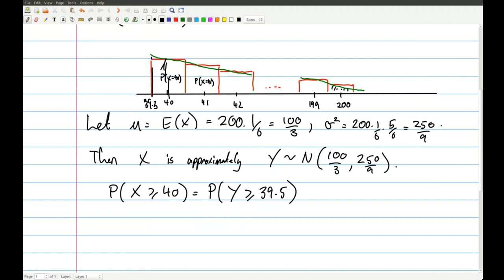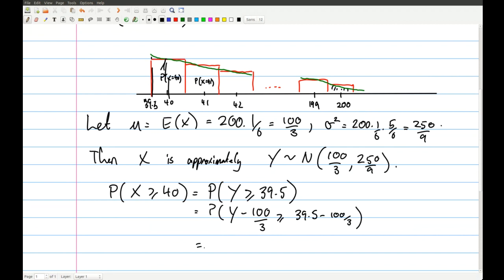Okay, so this Y is not the normal distribution centered at 0 with variance 1. We need to adjust it so that it is normally distributed with variance 1. The first thing we're going to do is shift everything over a bit so its expected value is 0, and we do that by subtracting 100 on 3 from both sides. So we're slowly transforming Y away from this freaky normal distribution into the standard normal distribution. 39.5 minus 100 on 3.